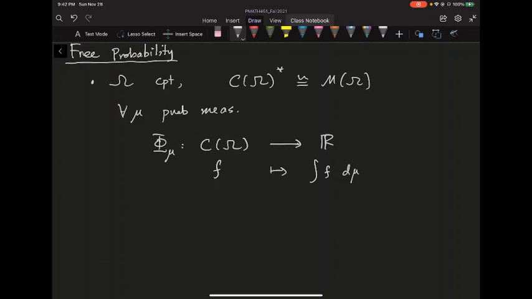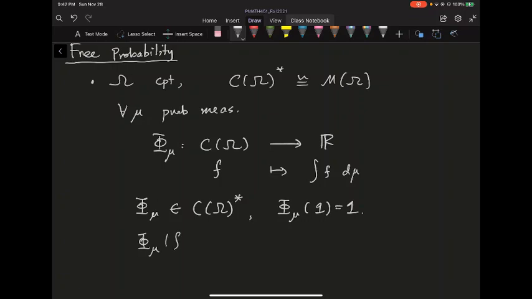And one nice thing about this phi of mu is that, first of all, it is inside the dual space, so it's a linear functional. And it also maps the constant one function to one. But it also has another nice property. One thing about classical probability is that things are commutative.